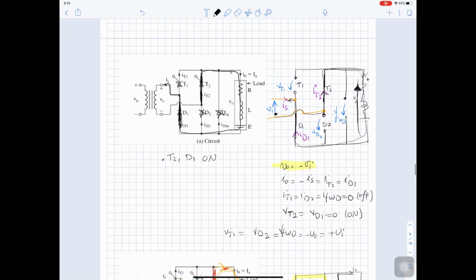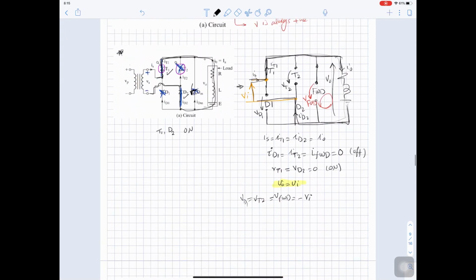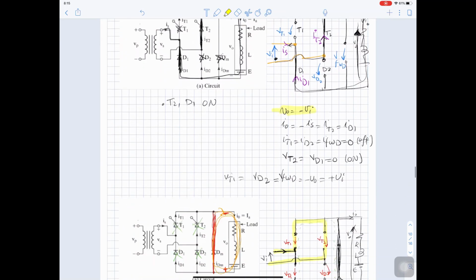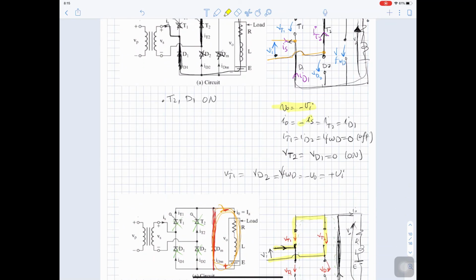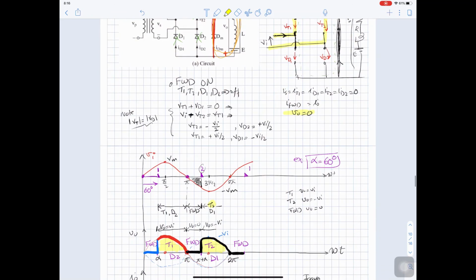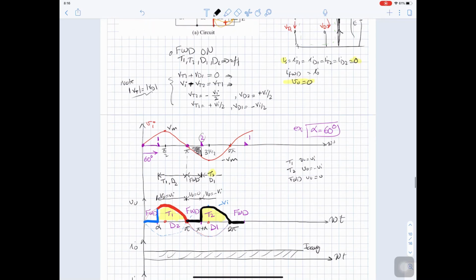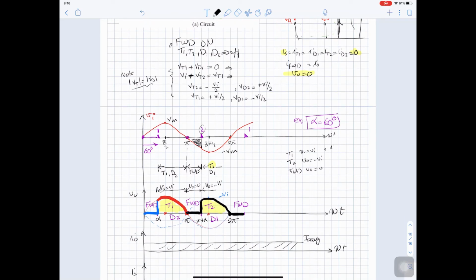If we need to sketch I source, so in case 1, I source is I out. In case 2, I source is negative I out. And in case 3, I source is 0. So we can add here I source equals I out, I source equals negative I out, and I source is 0.